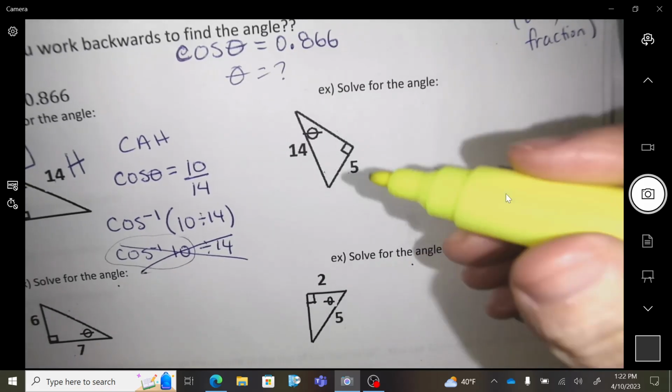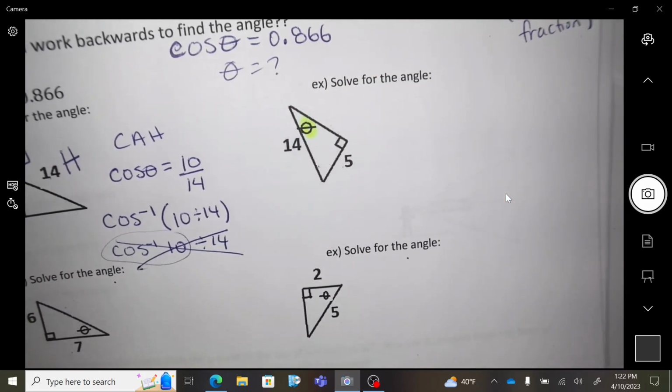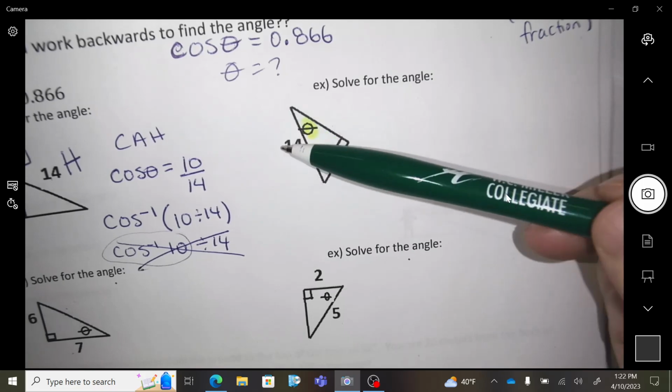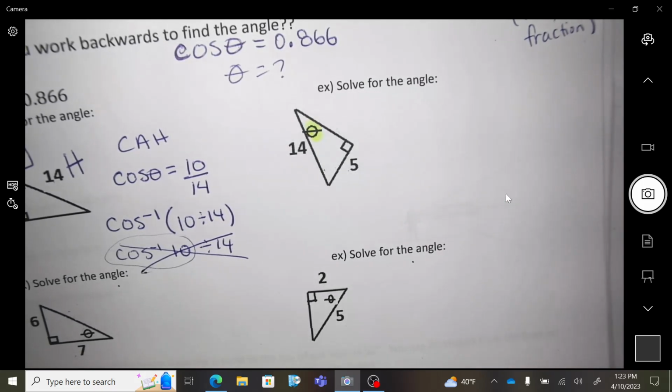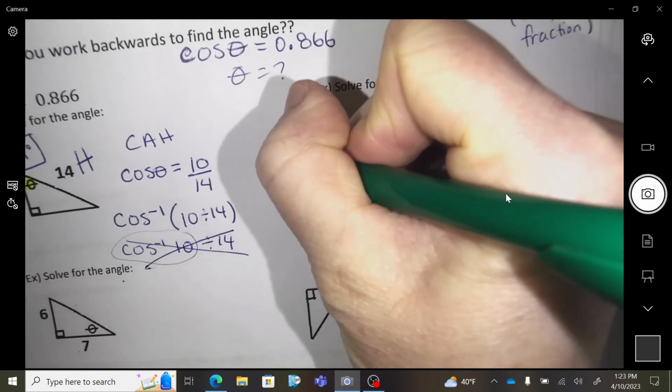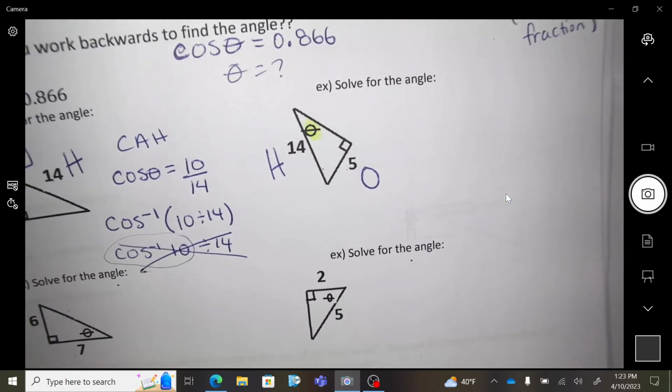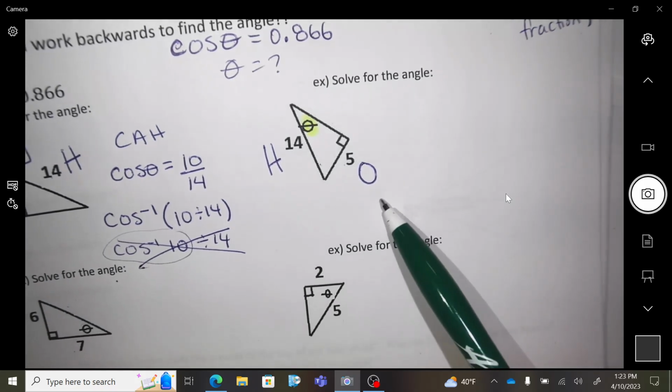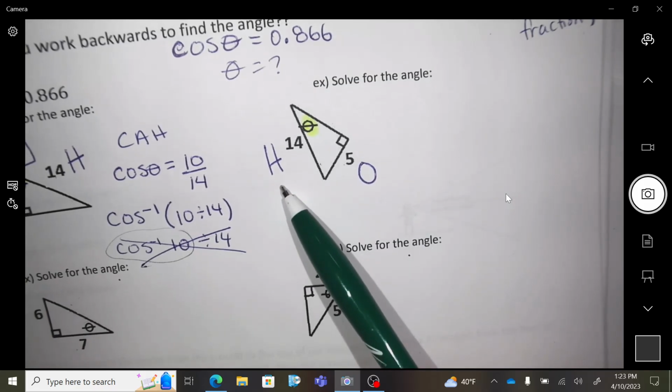Okay, here's your angle. Give me an O, an A, an H. Give me which letters. 5 is your what? 14 is your what? So I picked an O for the 5 and I picked an H for the 14.